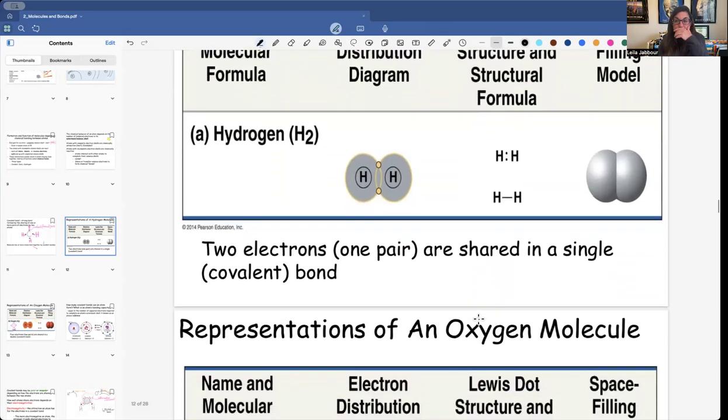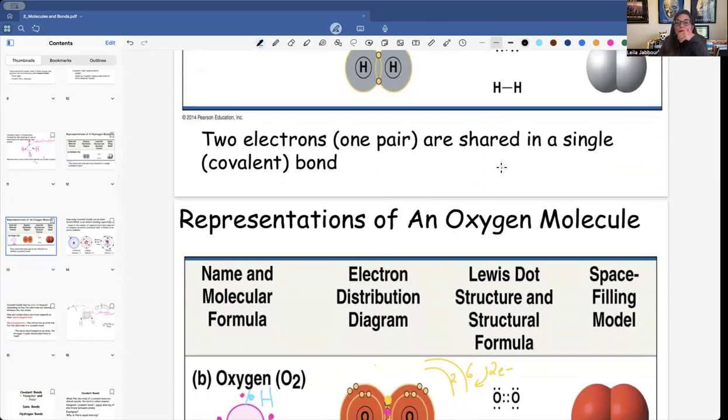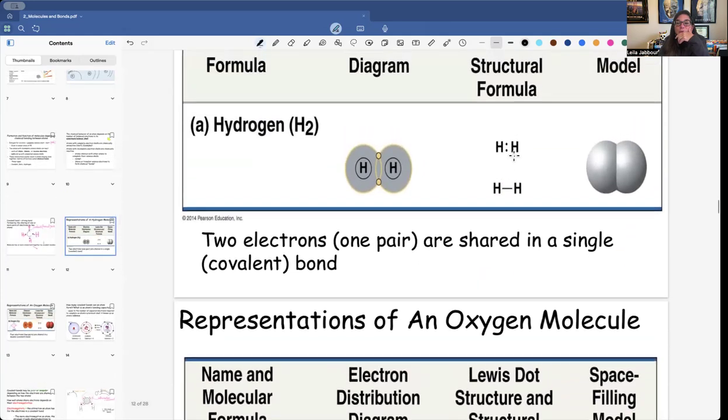Two electrons, one pair, are shared in a single covalent bond. I'm bringing you one, you bringing me one, it's perfect. We both are fulfilling each other's needs.